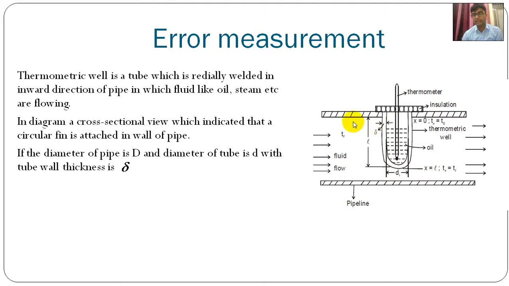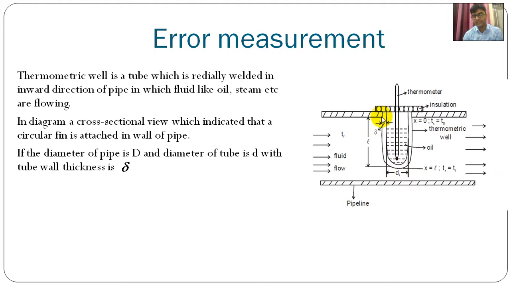So if you observe in this particular cross section, why I am saying that this is the application of the fin, this is a wall in which a circular fin is attached, because this is the extended part. So if you observe the temperature distribution from x is equal to 0, that is the root of the pipe, to that end of this tube, definitely there is a temperature difference.